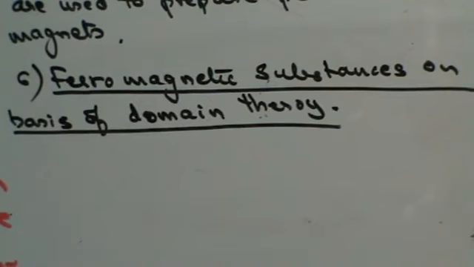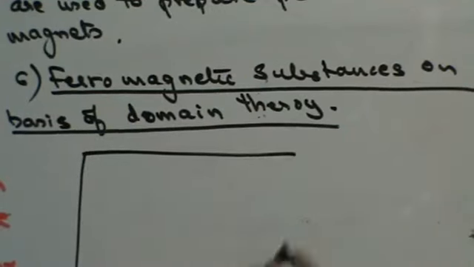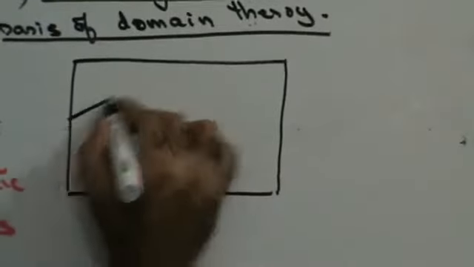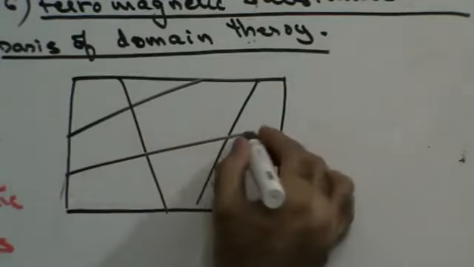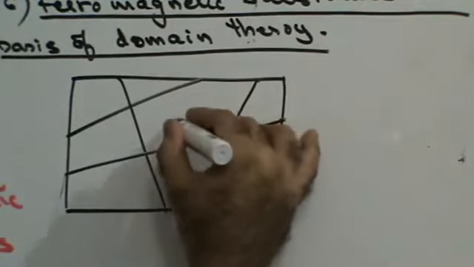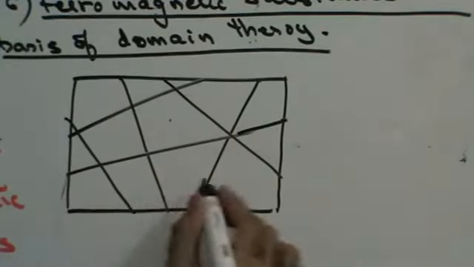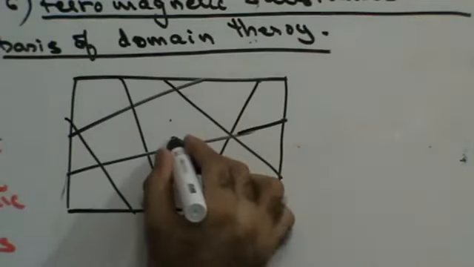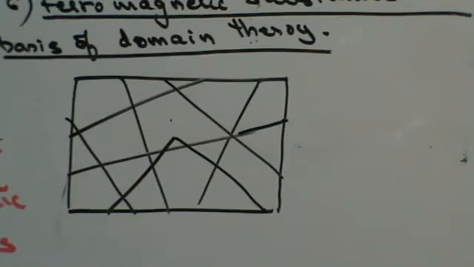According to domain theory, a magnetic substance is made up of small regions that are called domains. See, if this is a substance, you have domains practically in every direction, right? So the ferromagnetic substance is made up of small regions which are called domains, right?